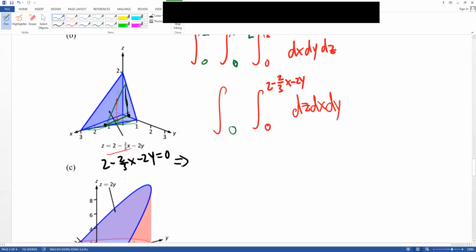So that means x equals 3 times 1 minus y. So that means for a particular value of y, this x position is 3 times 1 minus y.